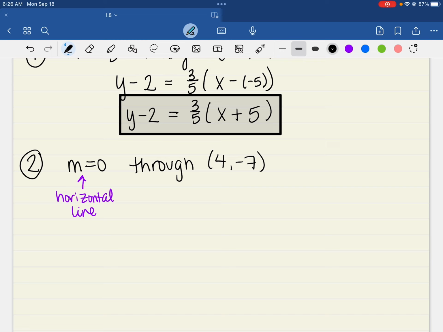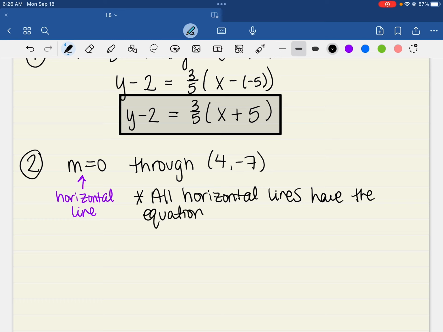Right? And so all horizontal lines have the equation y equals, and then there's going to be some number here.